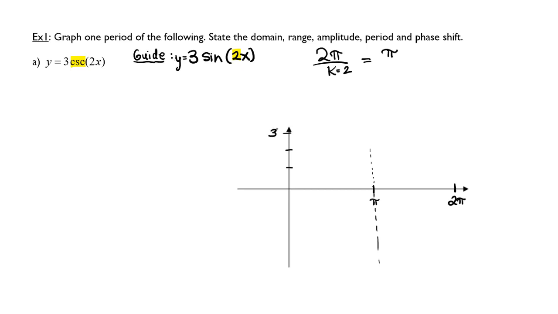There is no vertical shift up or down, and so now I can just graph the sine function to determine what to do with the cosecant function. My sine function will start at 0, 0, go through pi over 4, pi over 2, 3 pi over 4, and then back to pi.